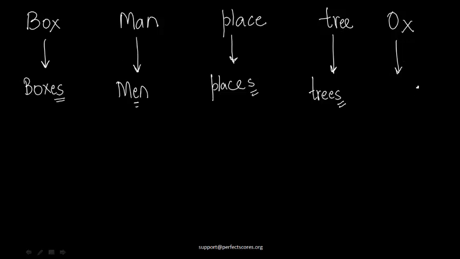We are going to convert from ox to oxen. And what we've done is we've added E and N. So as you can see, there are so many different ways of converting any noun from a singular form to a plural form. And that is what this video is going to be all about. How the different forms can be converted from one form to the other. So let's discuss more on that.